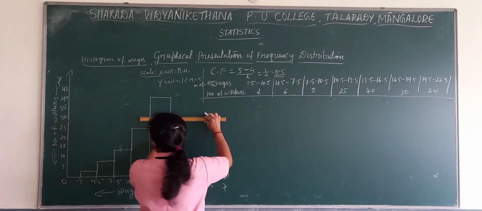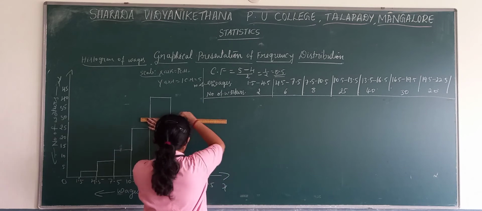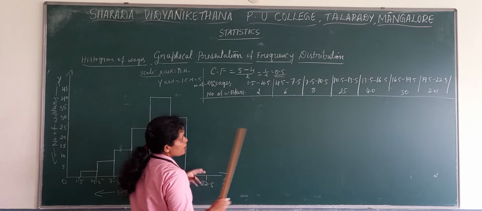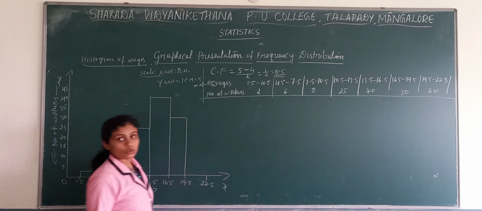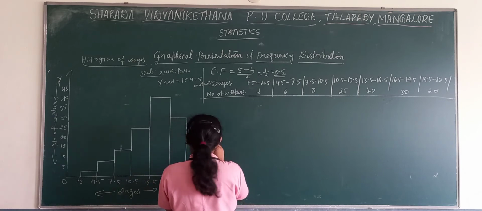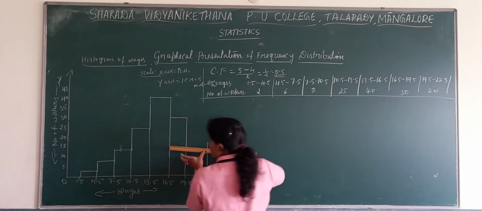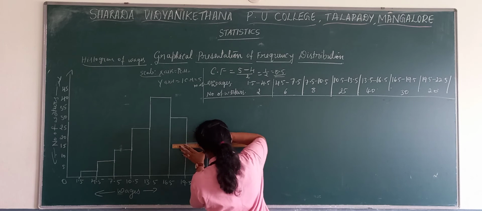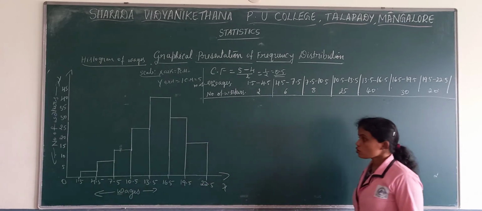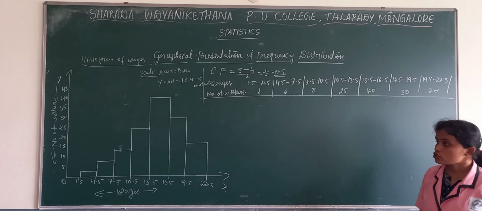Then the last one, 19.5 to 22.5, that is 20. There we get 20. Now this is the histogram. We presented the histogram.